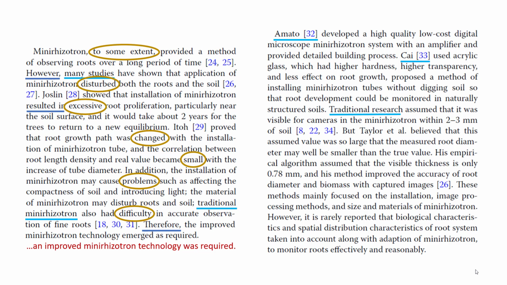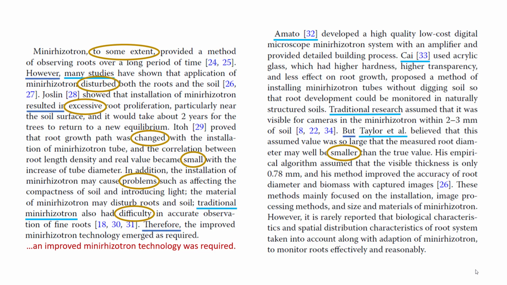However, using the cameras in there, they were measuring the root growth, and Taylor here found that there was a problem with that, that the size of the roots that they were looking at, they were actually estimating the size at smaller than the true value. You can imagine why that would be.